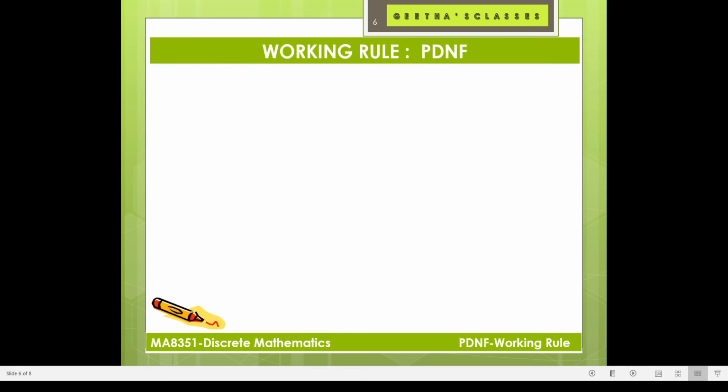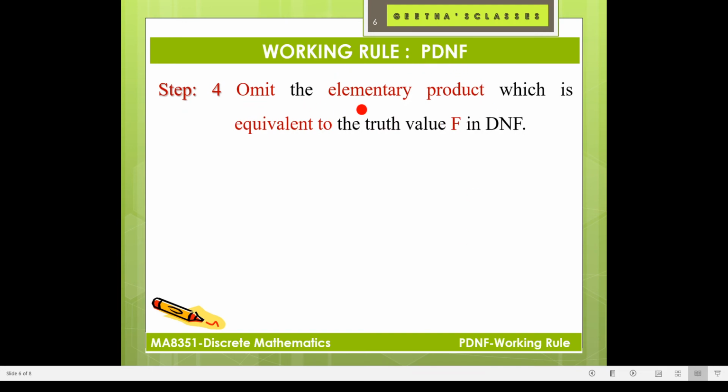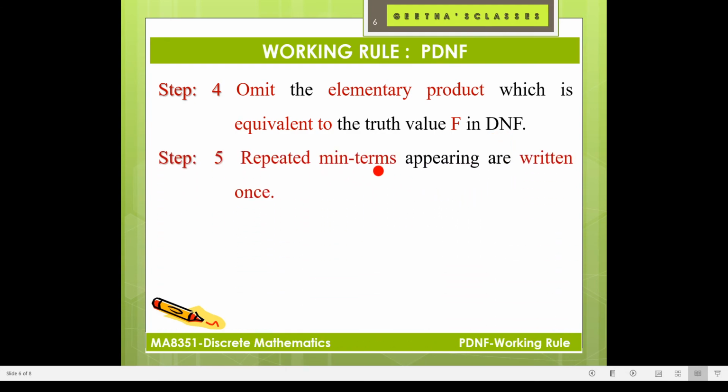Step 4: omit the elementary product which is equivalent to the truth value false in DNF, disjunctive normal form. Step 5: repeated min terms appearing are written once. So if more than one identical min term is there, you have to write it once.